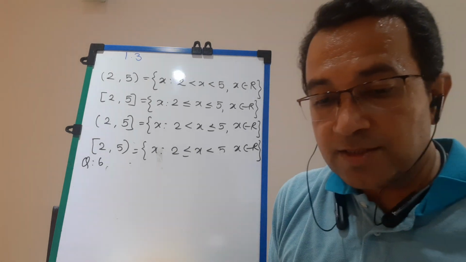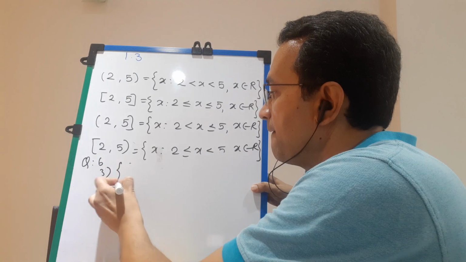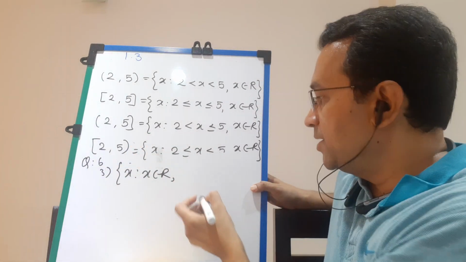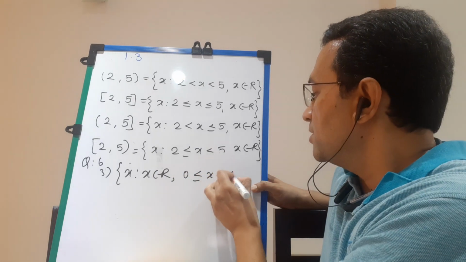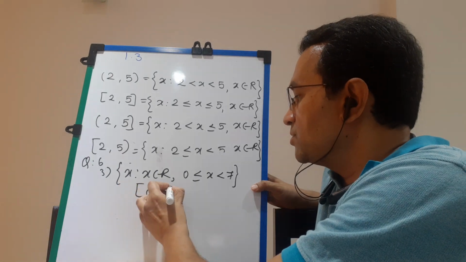Third, x such that x belongs to R, 0 less than or equal to x less than 7. Equal to is for 0, so 0 is closed and 7 is open.